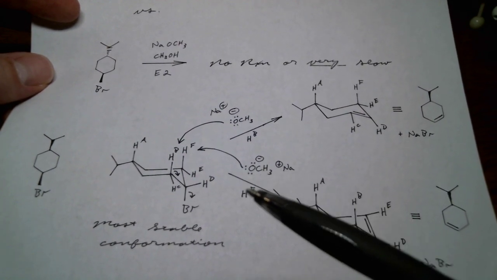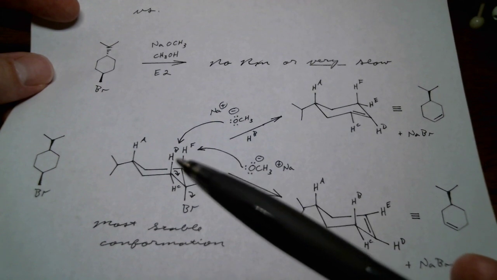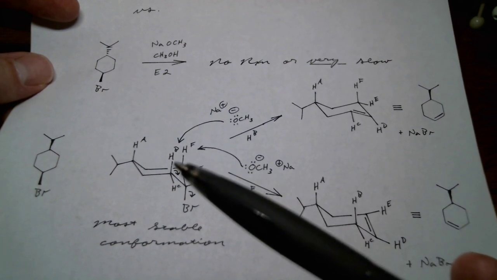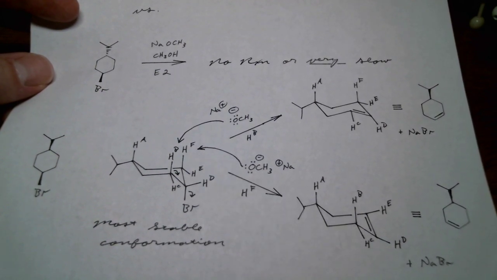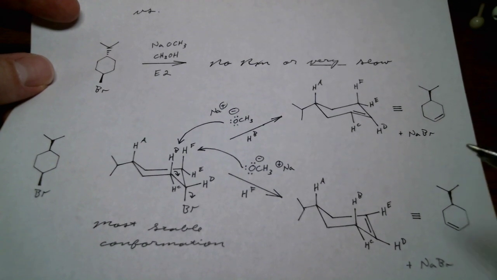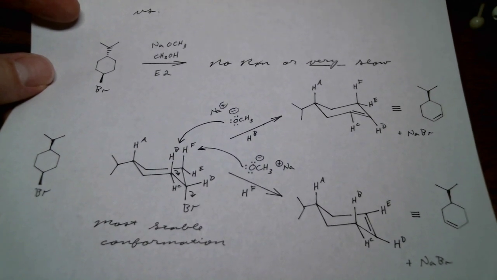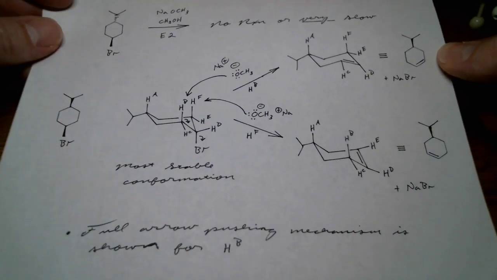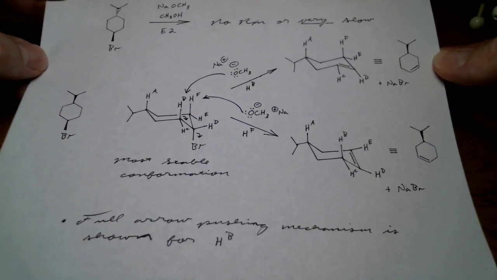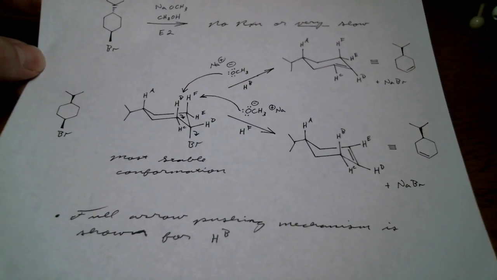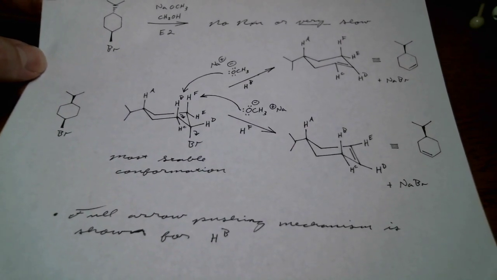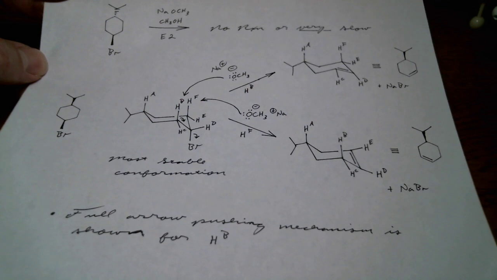Of course, methoxide doesn't know; there's no energetic difference between plucking off HB or HF, and so we get an equal amount of these two enantiomeric cyclohexenes, and we end up with a racemic mixture. So that's the full arrow pushing mechanism shown for HB; you could write a full mechanism for HF if you wanted to, plucking it off.